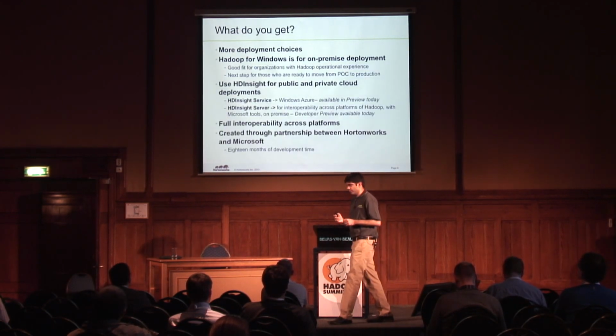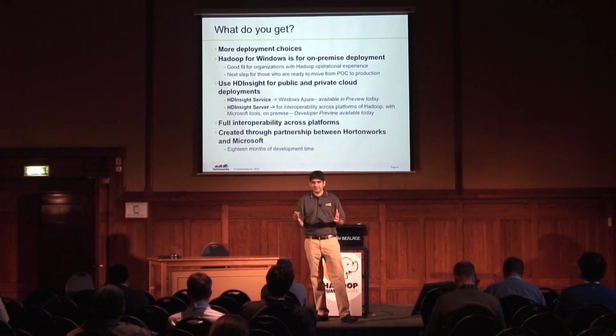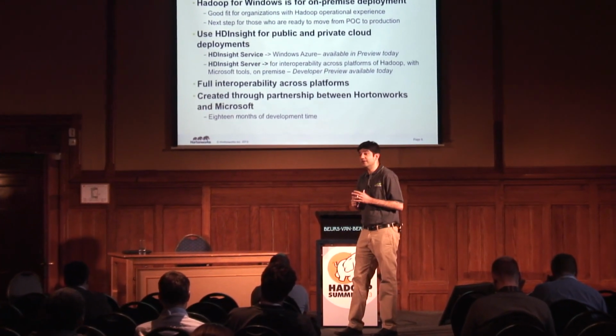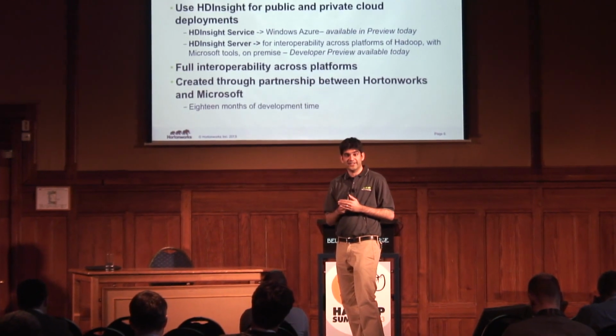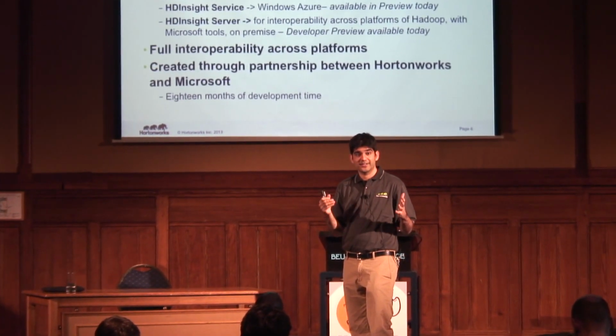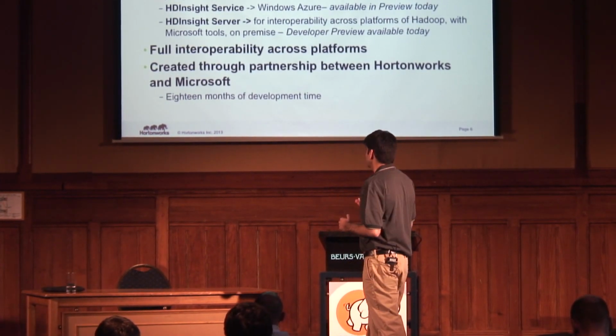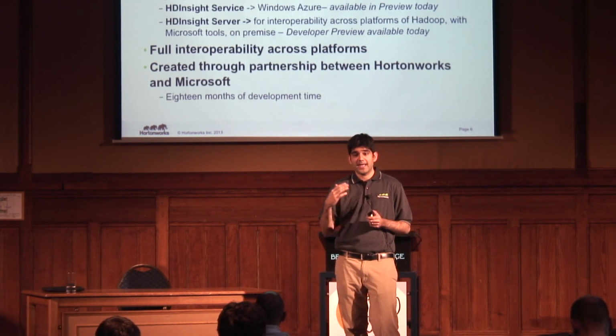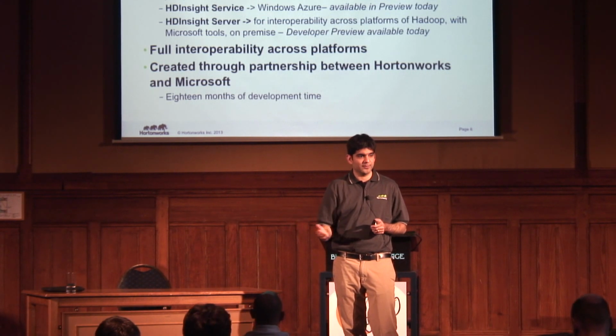So what do you get with that work? What do you get with the set of Apache Hadoop components and the work that's being done in Apache? You now have the ability to deploy your scalable Hadoop platform on Windows Server. You have the ability to deploy this as part of Azure HDInsight, which was just announced for public preview.